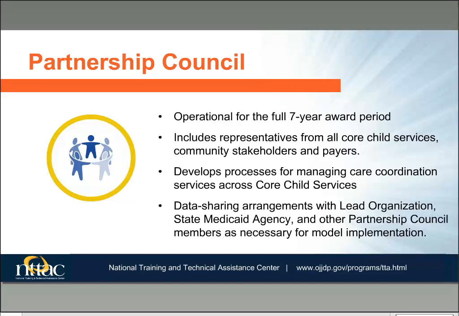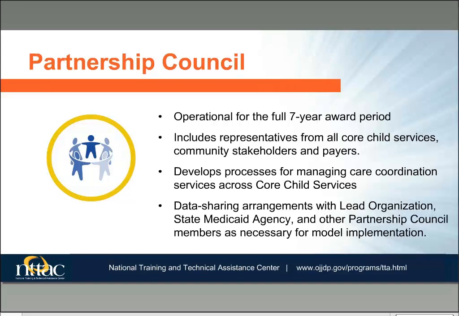This council will consist of representatives from child service organizations with a vested interest in children's well-being and community-level service integration. It must include representatives from at least each of the core child services and any optional service types that the model elects to include. I will speak in a bit to the types of services that are required and may be considered relevant to those listening today.